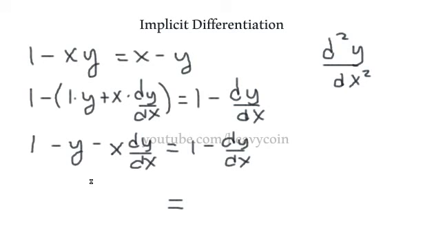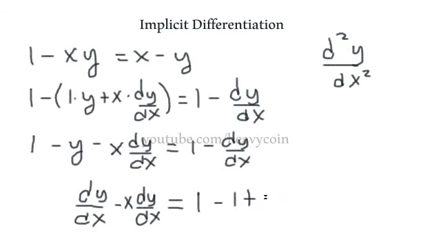So we're going to have dy over dx minus the x dy over dx. I'm rewriting this 1, and remember I'm taking this 1 minus y over, so this becomes a minus 1 and a plus y.